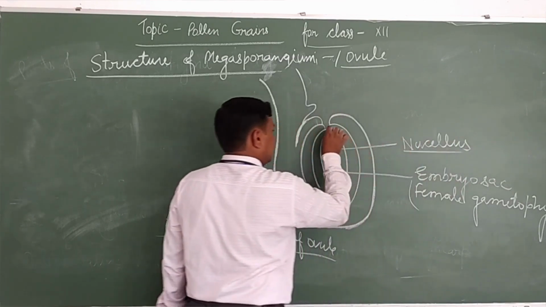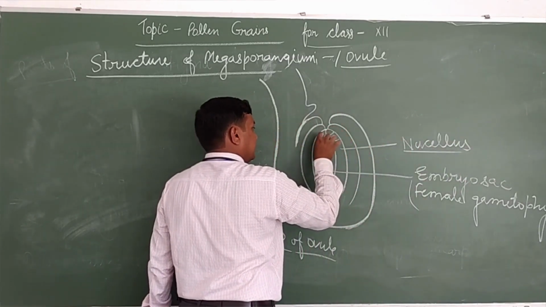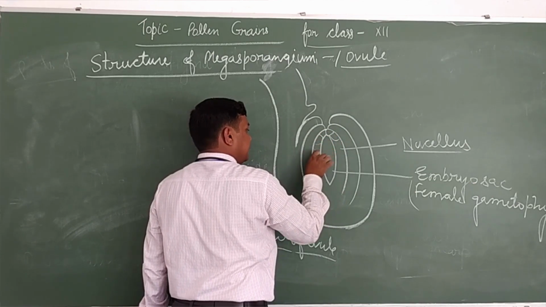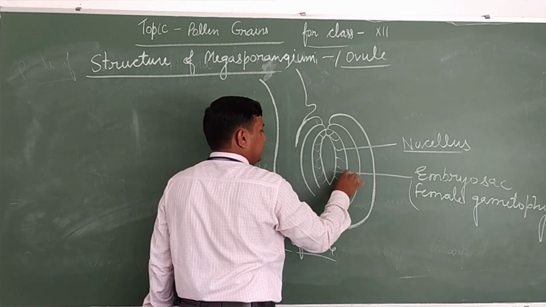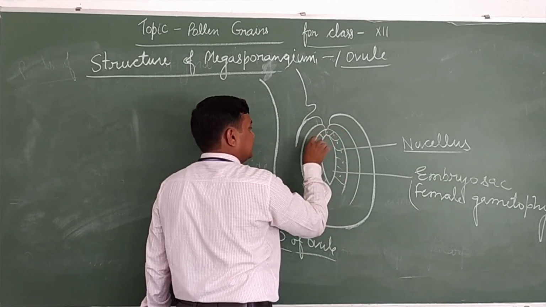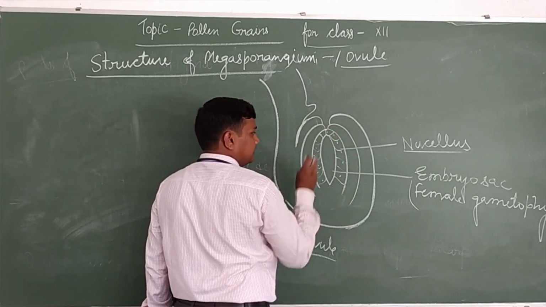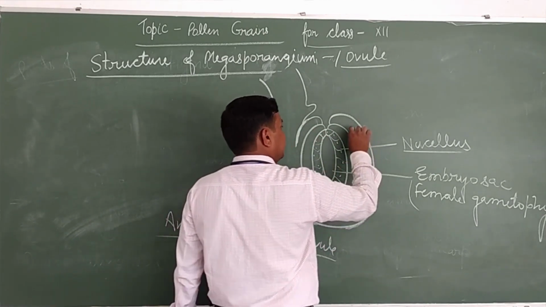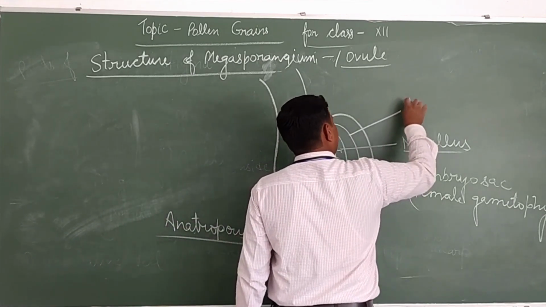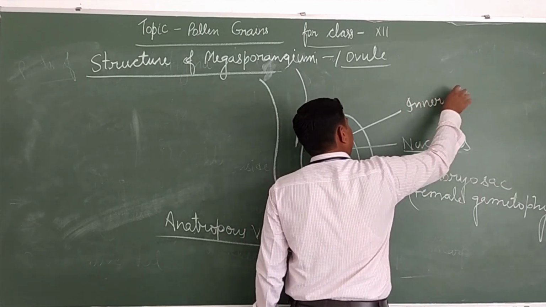Nucellus has various cells. Nucellus provides nourishment to the developing embryo sac. The next membrane is known as the inner integument.